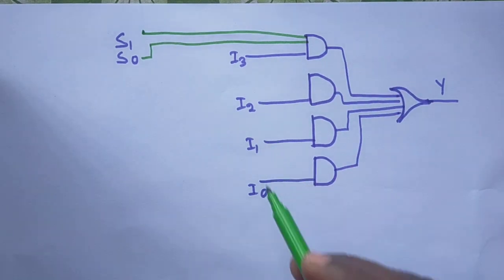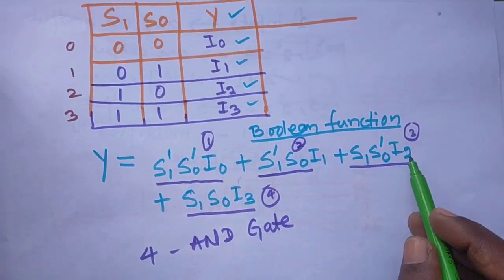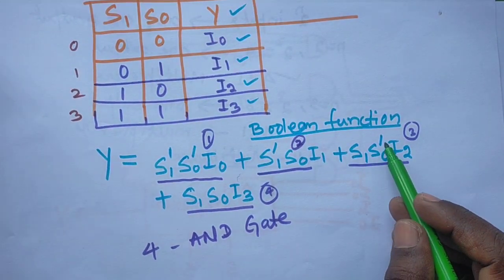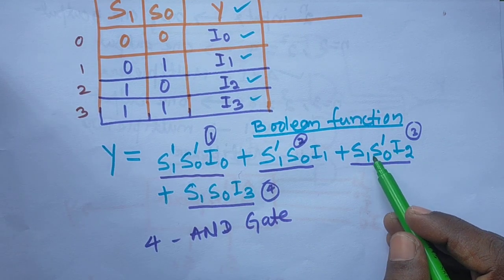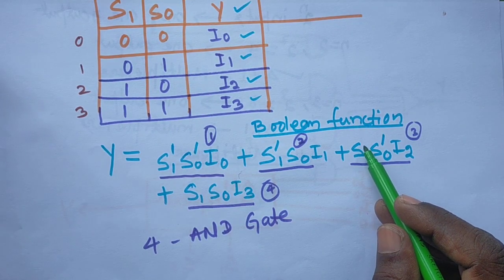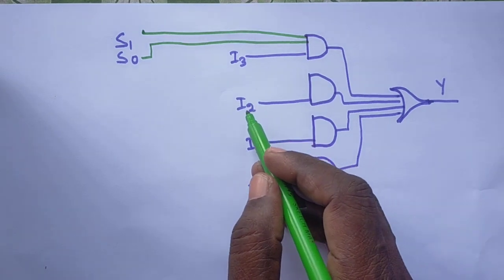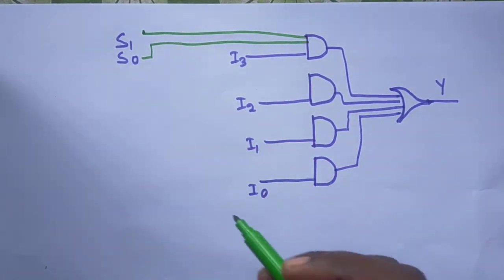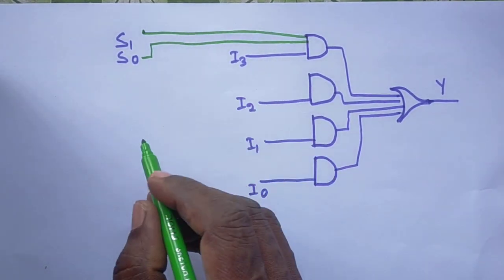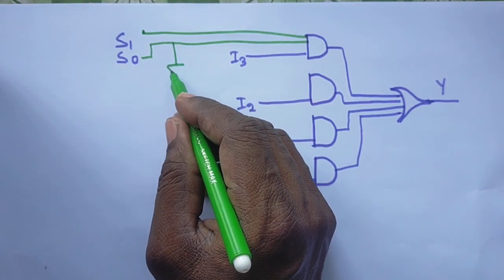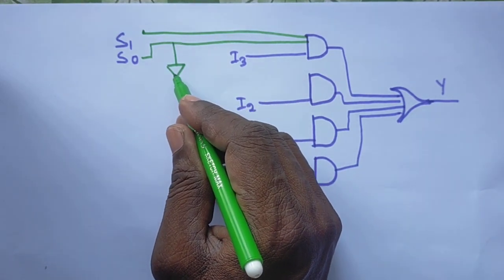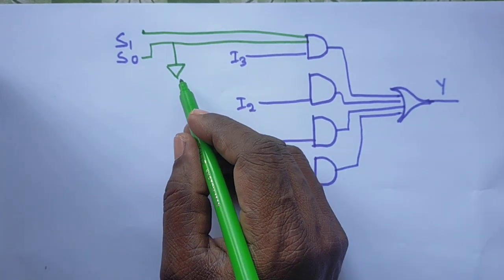Next, where I2 is there, S0 complement means we just consider a complement of the S0 data, but S1 is as it is. Now for I2 data here, S0 is a complement. Complement means we just put one inverter here.